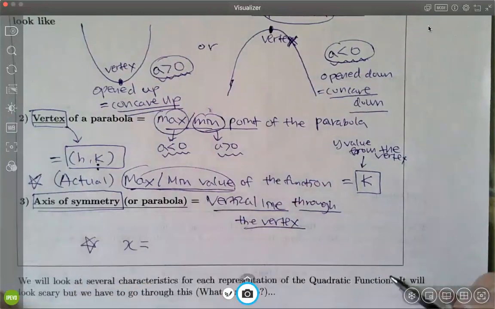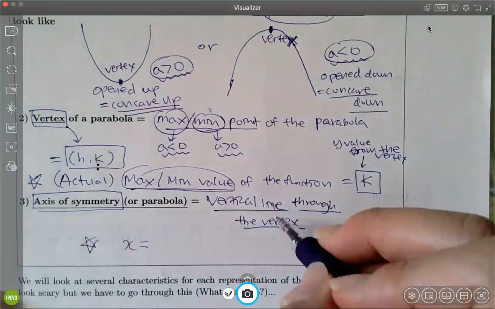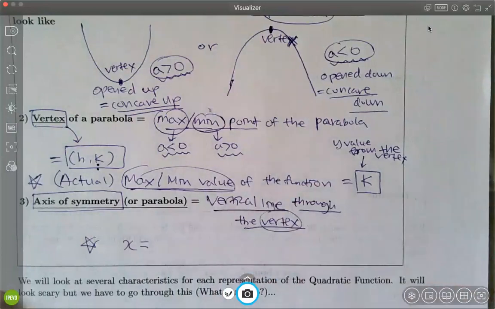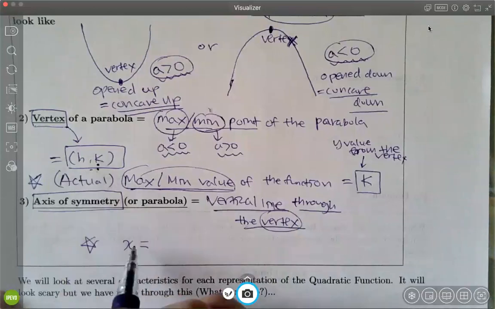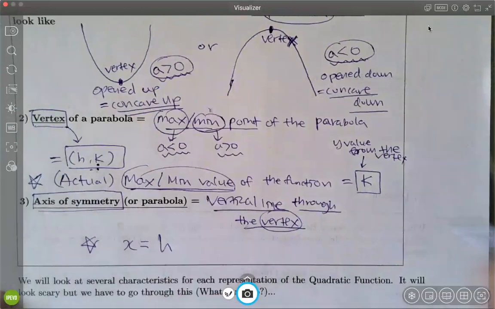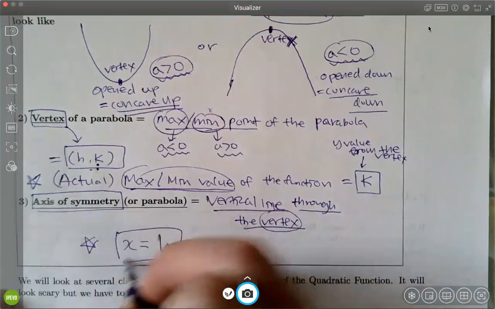There is no y, right? Since this vertical line goes through the vertex, which has h, k as its coordinates, x has to be equal to what? H, right? Okay, so that is the equation of the axis of symmetry.